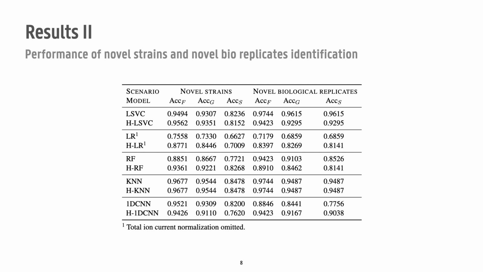On the other hand, in the novel biological replicate scenario, the outperforming model seems to be support vector machines with an accuracy of 96.15%. In both scenarios, there is no gain when considering deep learning models, besides the fact that training is faster in case of large-scale classification settings. The same conclusion can be made with respect to the hierarchical classifiers, indicating that taxonomic information is not immediately represented in MALDI-TOF mass spectrometry data.